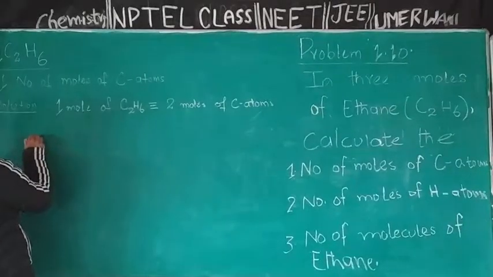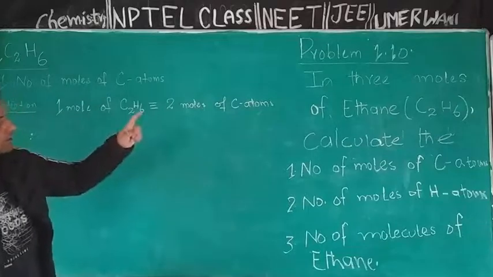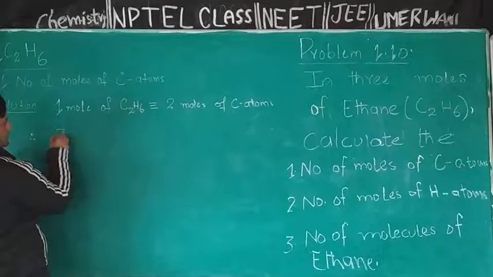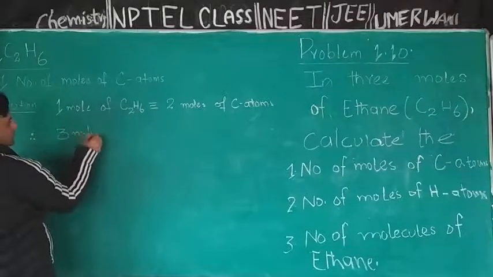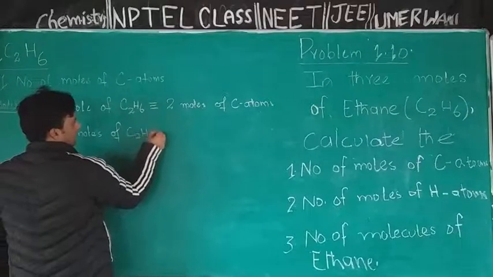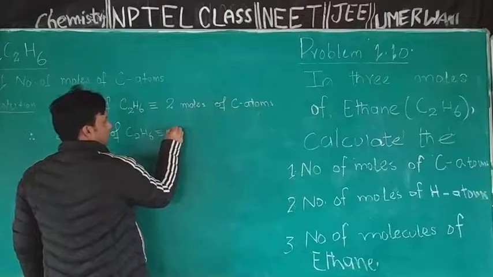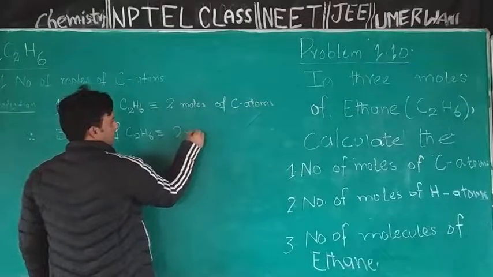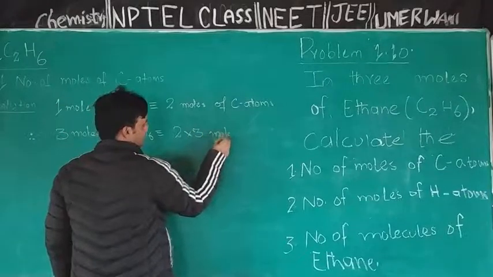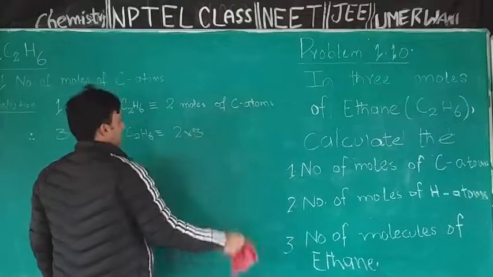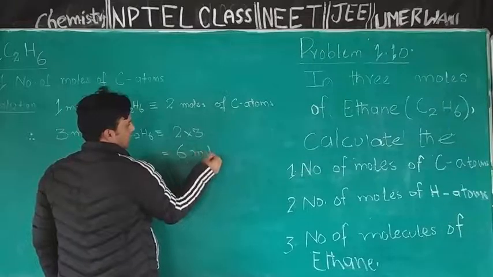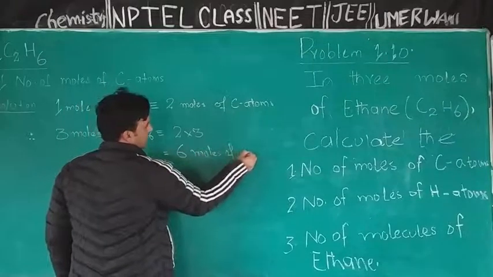Therefore, I have to calculate number of moles of carbon atoms in 3 moles of ethane. Therefore, 3 moles of ethane contain 2 multiplied by 3 moles, and it will be equal to 6 moles of carbon atoms.